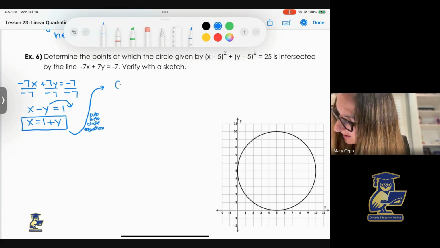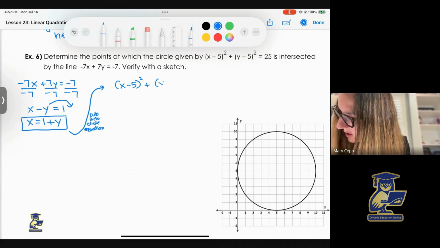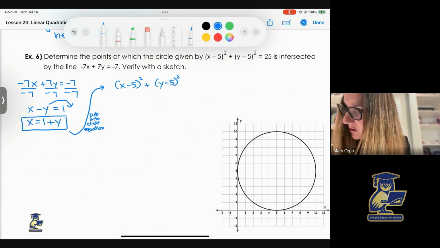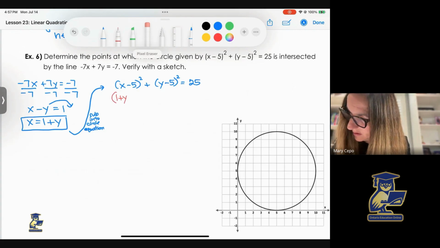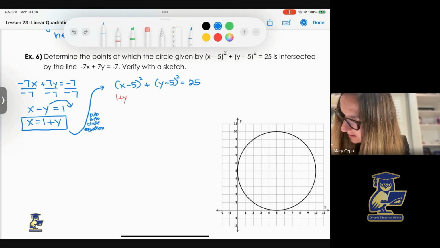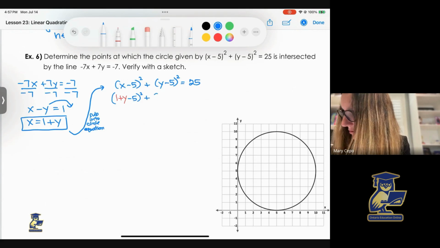We have (x minus 5) all squared plus (y minus 5) all squared has to equal 25. Where x is, I can put 1 plus y, minus 5, plus (y minus 5) squared is equal to 25.